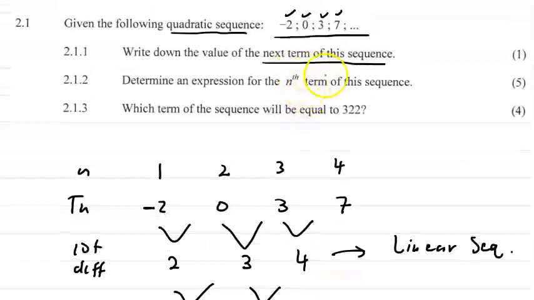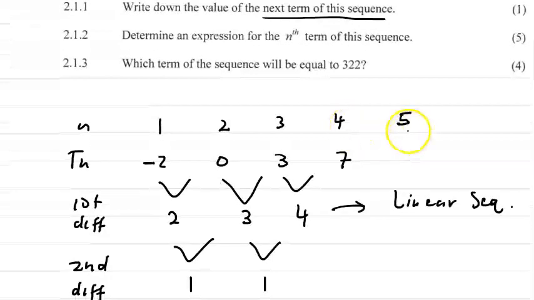It says write down the value of the next term of the sequence. So the next term of the sequence is going to be term number 5. All you need to do here, in order to get term number 5, remember it works like this: -2 plus 2 is 0, 0 plus 3 is 3, 3 plus 4 is 7. So if you expand the first difference, 2, 3, 4, the next term there will be 5.